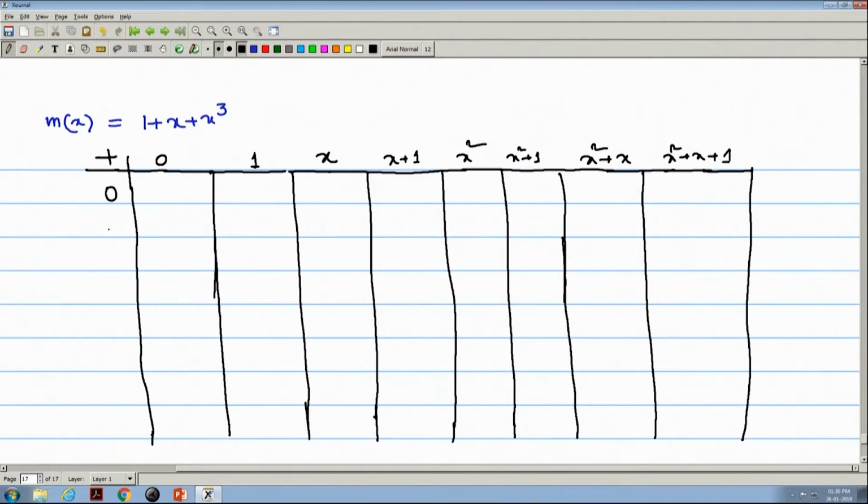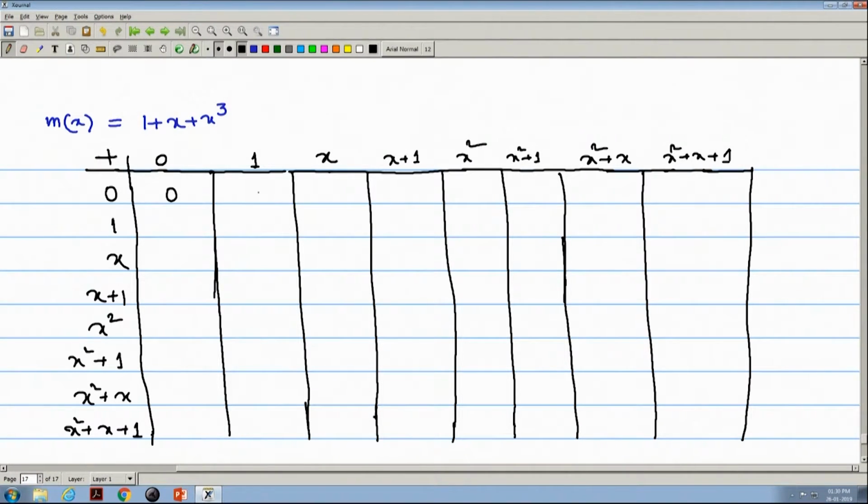Now I have 0, 1, x, x plus 1, x square, x square plus 1, x square plus x and x square plus x plus 1, all the polynomials, the elements of the set. Here I have to do modular addition.